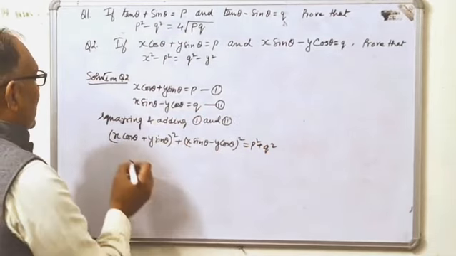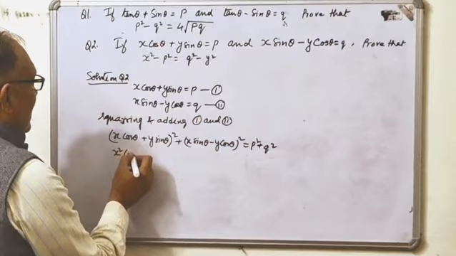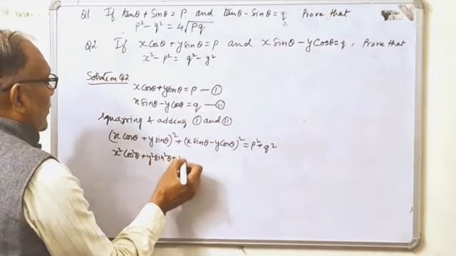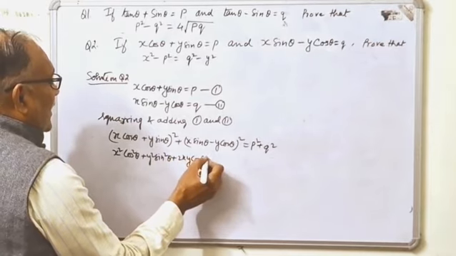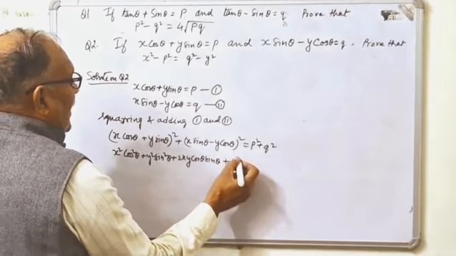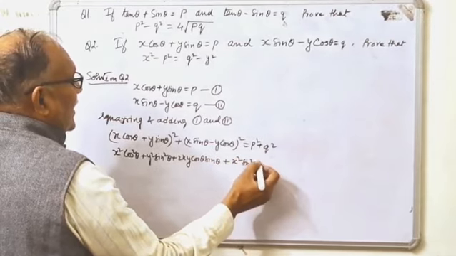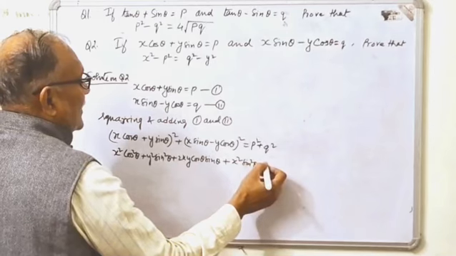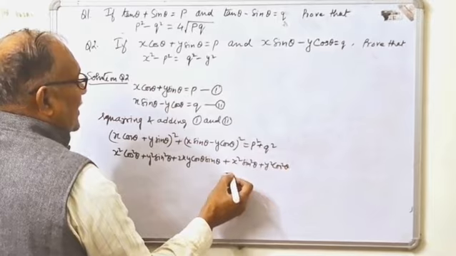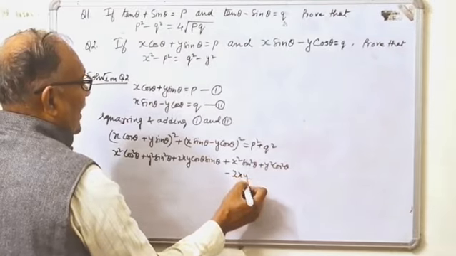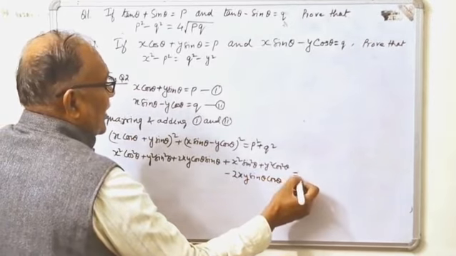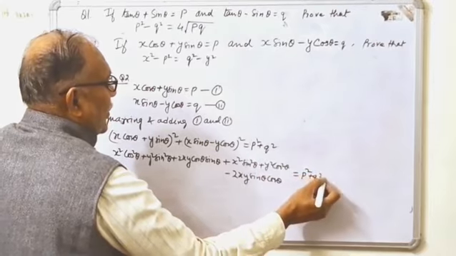Now expanding these two expressions, we get x square cos square theta plus y square sin square theta plus 2xy cos theta sin theta plus x square sin square theta plus y square cos square theta minus 2xy sin theta cos theta, and on the right side we have p square plus q square.